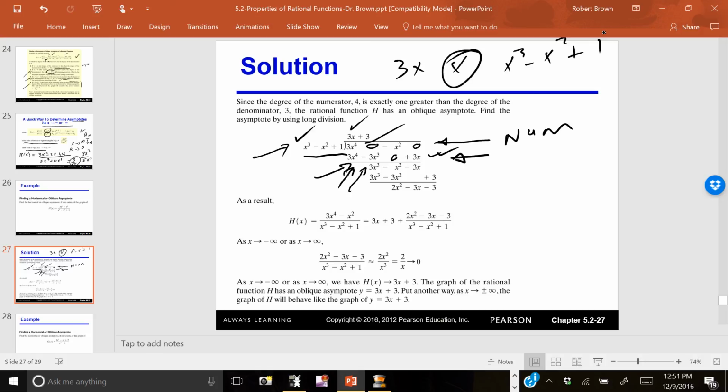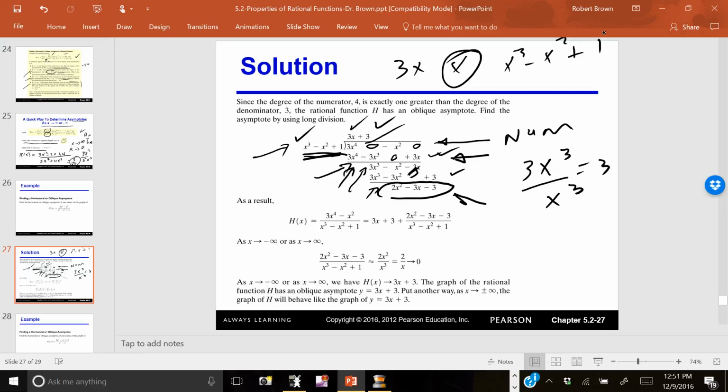So now we'll take 3x cubed divided by x cubed again and get plus 3. Now multiply 3 times the divisor, and you get 3x cubed minus 3x squared plus 3. Subtract again, and you get 2x squared minus 3x minus 3.